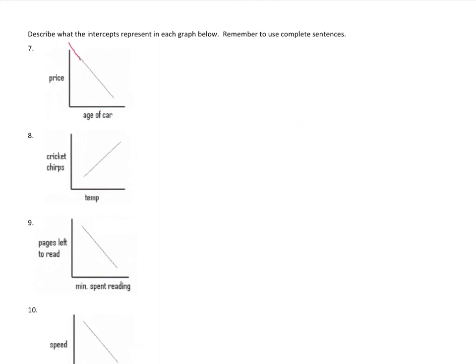So if I go ahead and extend my line out, the y-intercept is going to be up here somewhere, and the x-intercept is going to be down here somewhere. So what do those represent in the graph? Well, if you look at the y-intercept up here, this is the price when the age of the car is 0.